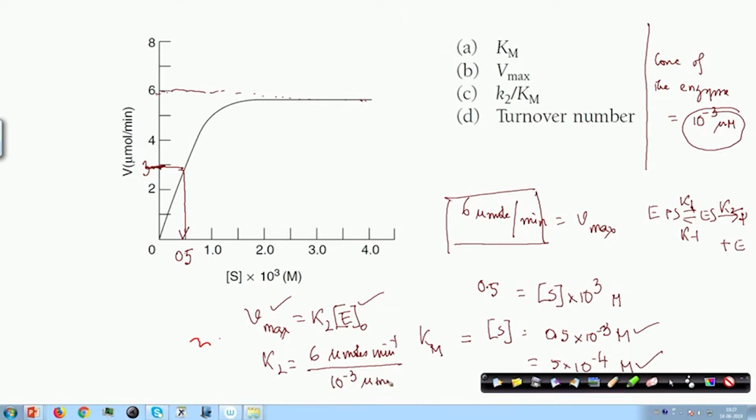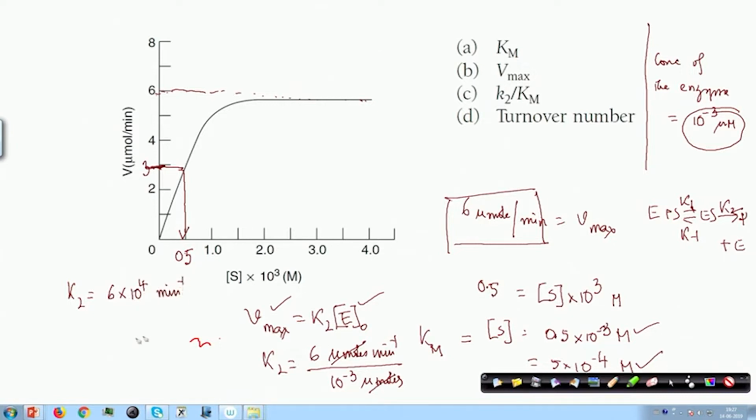Better write these units so that you know that you are using the same units for the concentration. So, here this is micromoles, so that crosses out. So, ultimately K2 becomes equal to 6 into 10 to the power 4 minute inverse.